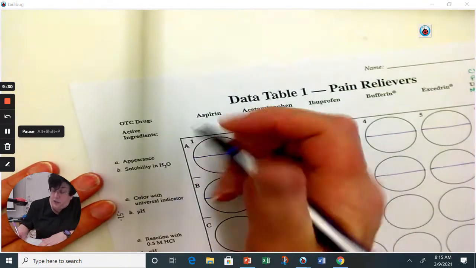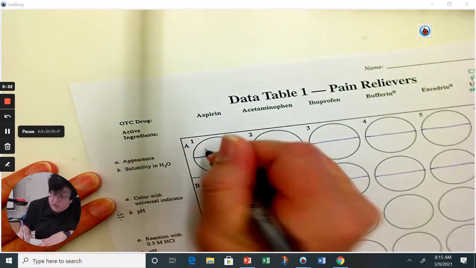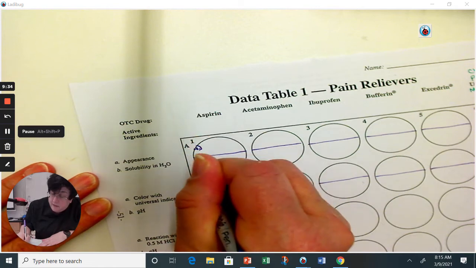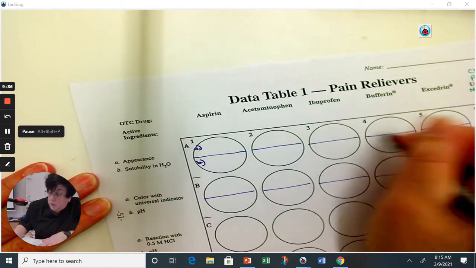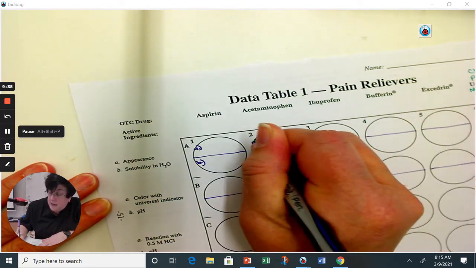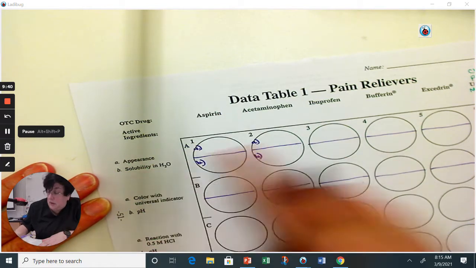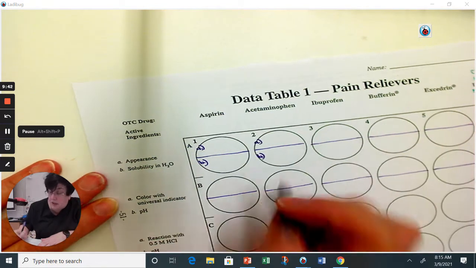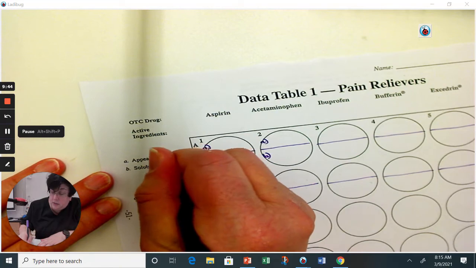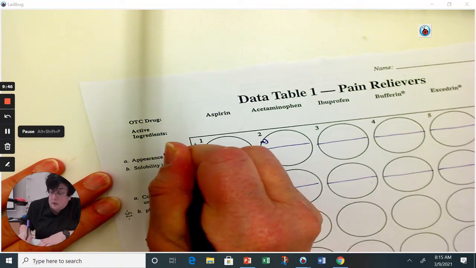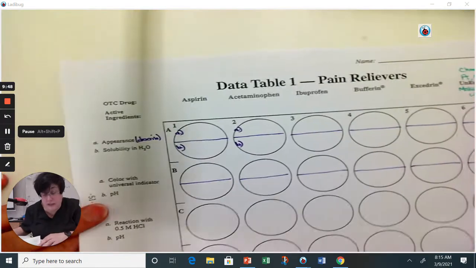So up here is appearance. So this is part A, and this is part B, all the way across. All right, A, B. Again, all the way across. Appearance on the top. So we are describing pre and post grinding.